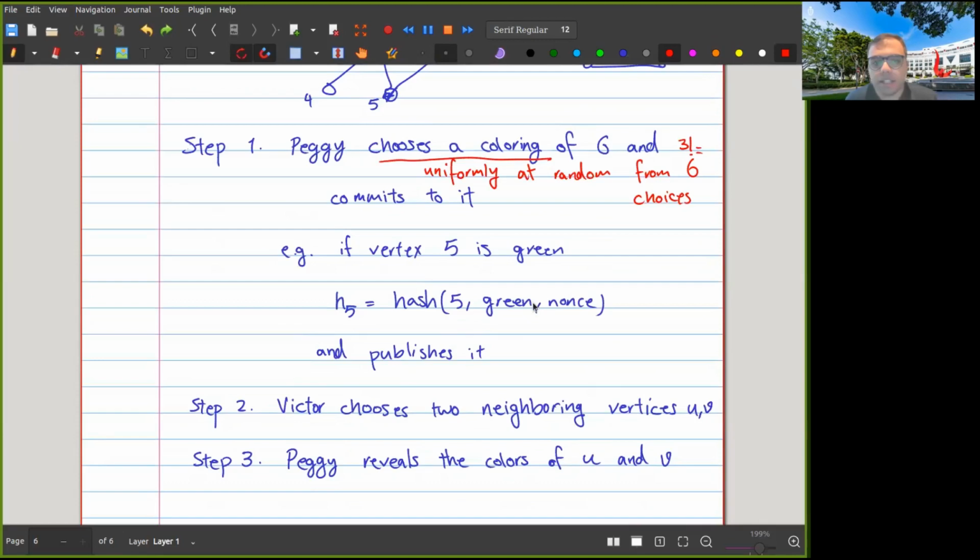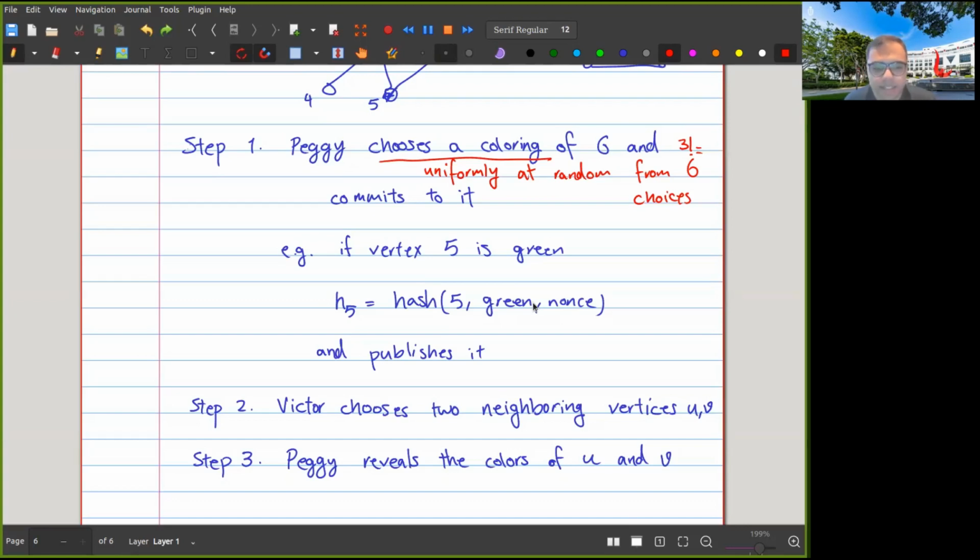And of course, again, if we continue this for many iterations, Victor will be convinced. We have to add some extra conditions, like you cannot have too many iterations. It shouldn't be that Victor can ask the color of every vertex many times.